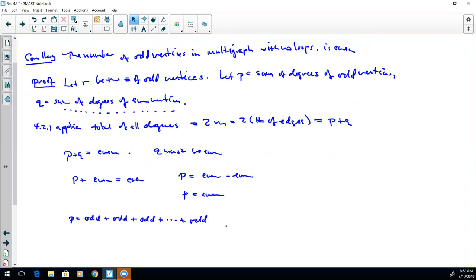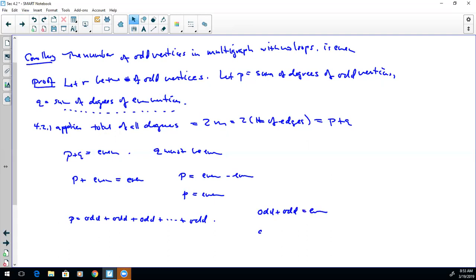Okay. So P is the sum of a bunch of odd numbers. How many odd numbers can you have? Well, we're using a little bit of number theory here and getting a little bit sloppy, but remember odd plus odd is even.